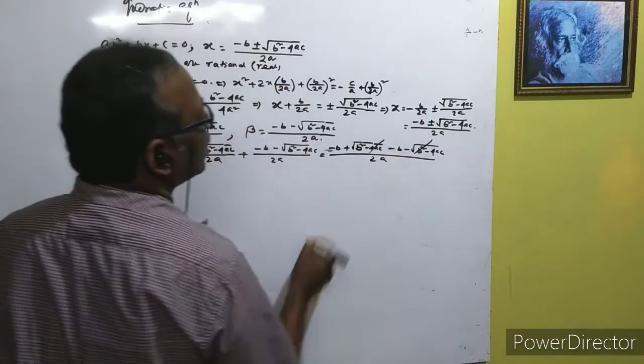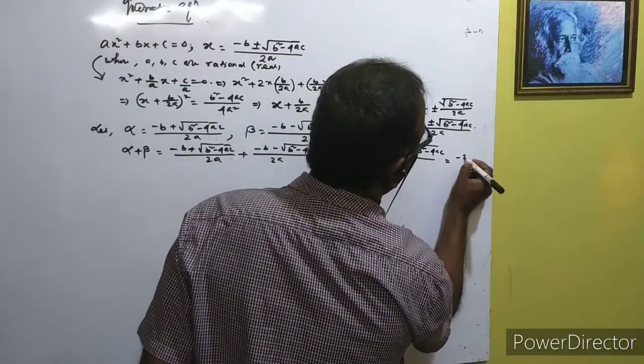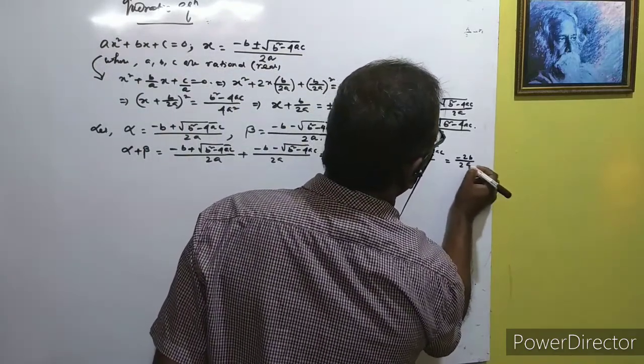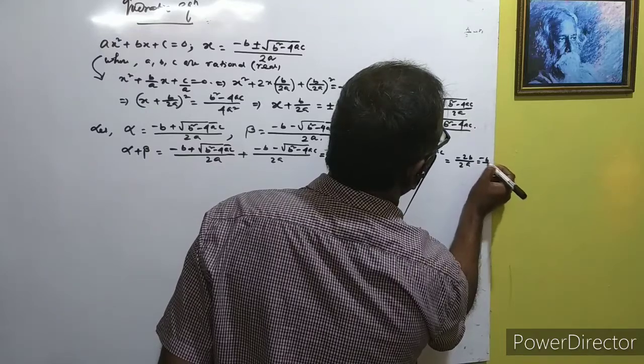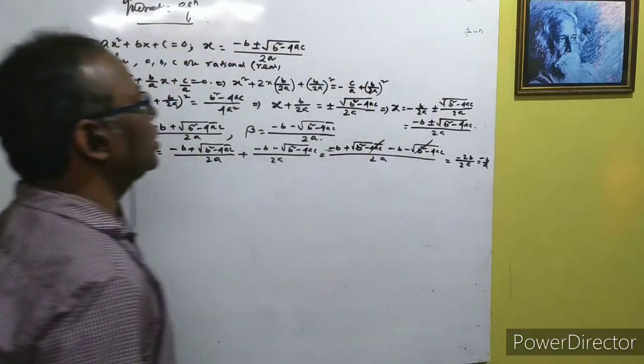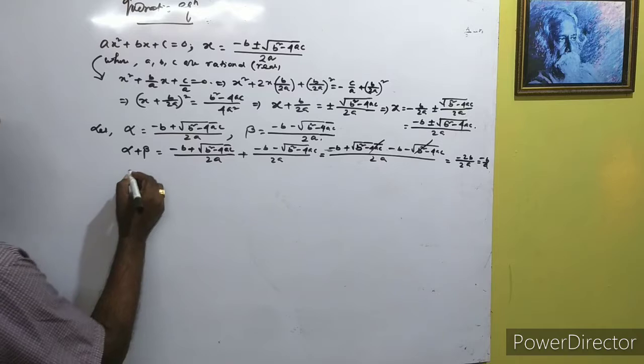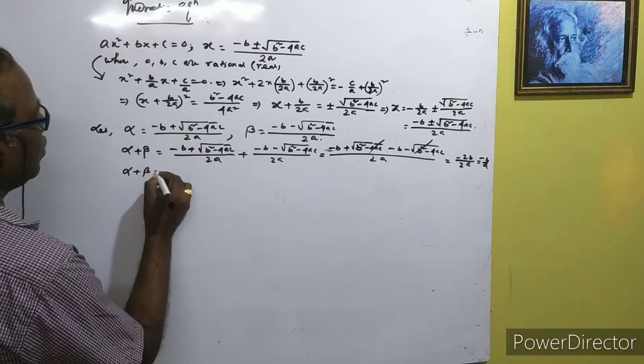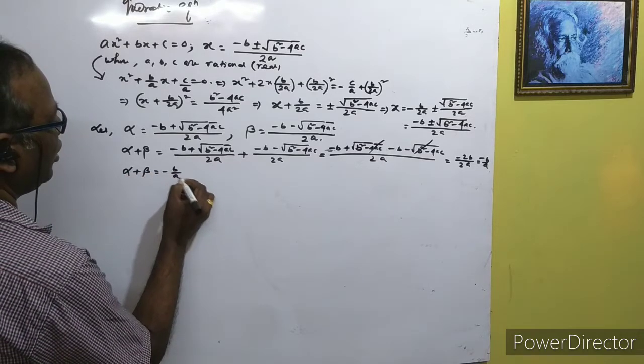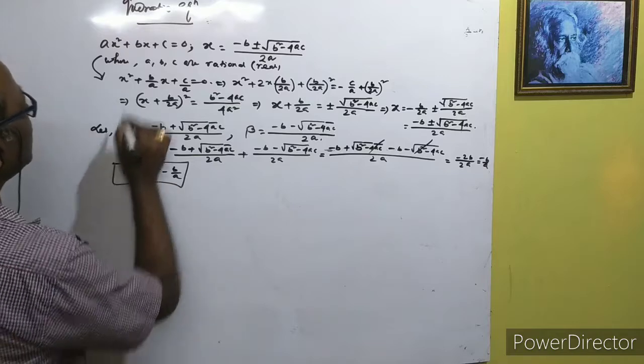So the root terms are cancelled. So that is equal to -2b by twice a, that is -b by a. So see carefully, the sum of the two roots here is always -b by a when the equation is this.